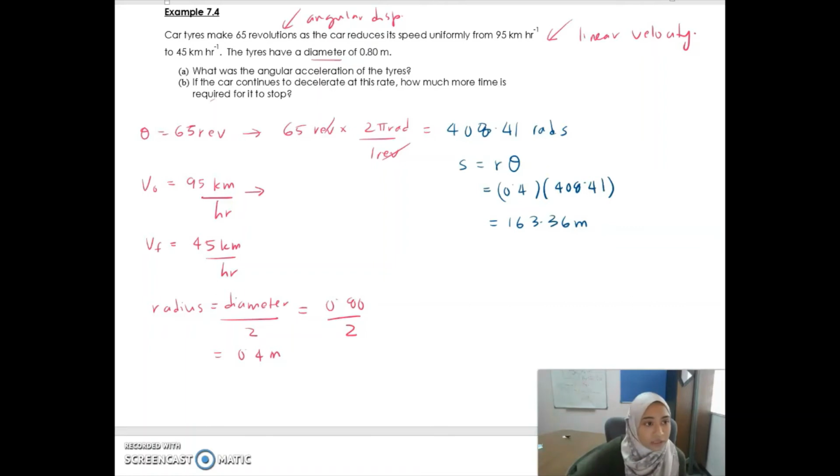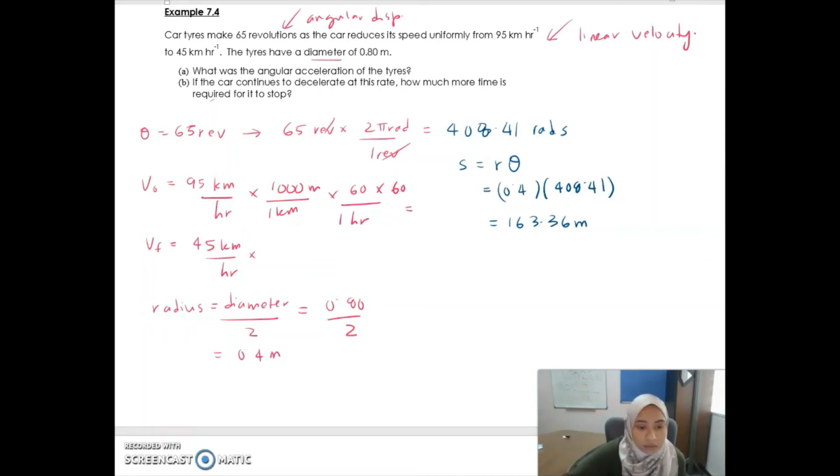So to convert this to SI units, you know this already, we did this in chapter 1. Convert kilometers to meters. 1 kilometer is equal to 1000 meters, and 1 hour is equal to 60 minutes and 60 seconds. So this will give you something.